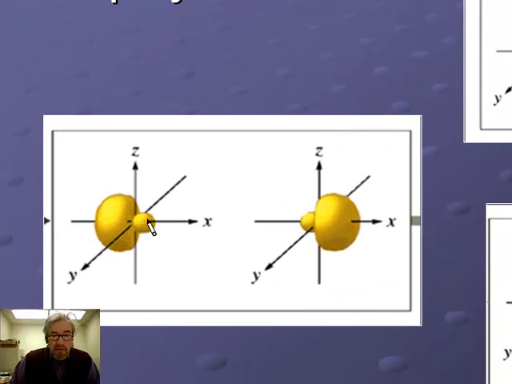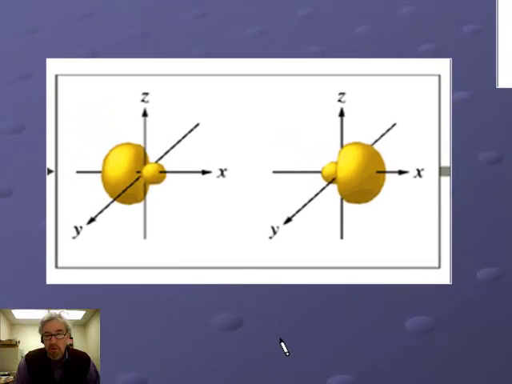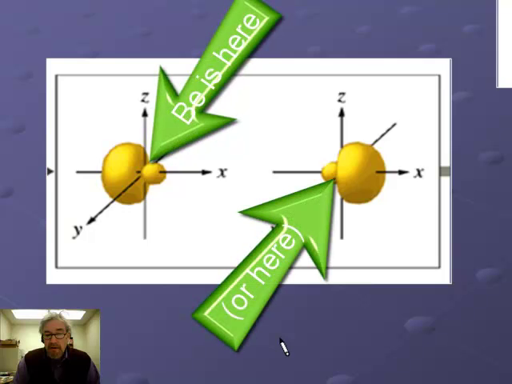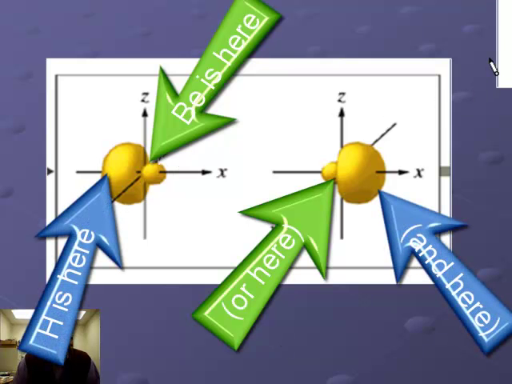Here's what they look like. Low concentration on one side of the nucleus and a higher concentration on the other side of the nucleus. The orbital set, when it goes together, shows a 180-degree bond angle because these hybrid orbitals are going to be as far apart as possible. Now notice that by having the interior lobe of the hybrid orbital be small and the exterior lobe much larger, overlap between the beryllium, which would be in the center here, and the hydrogens, which would bond on the outside here, will be much higher.